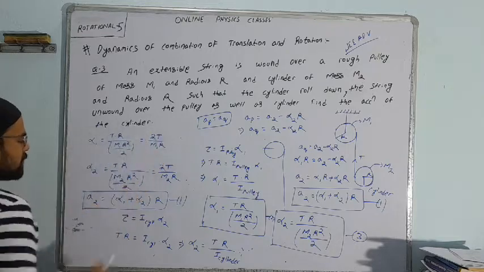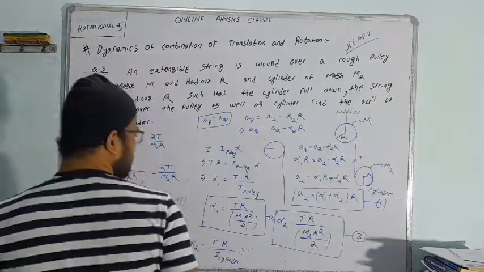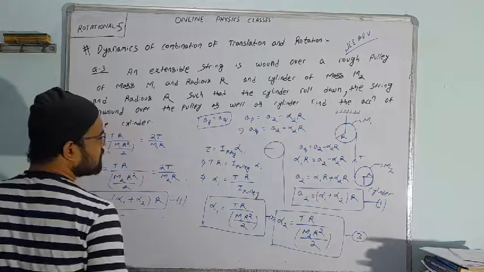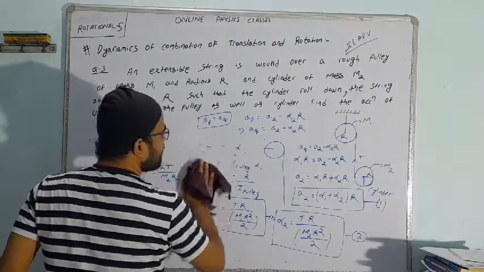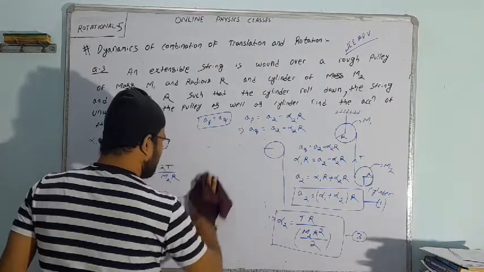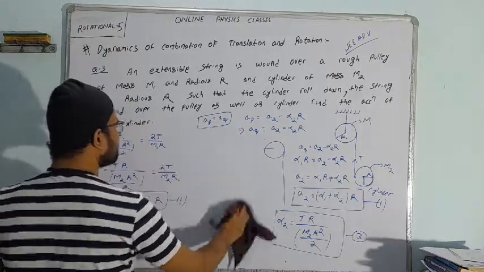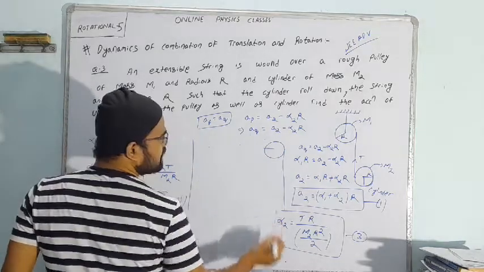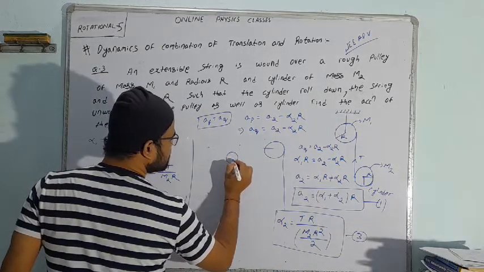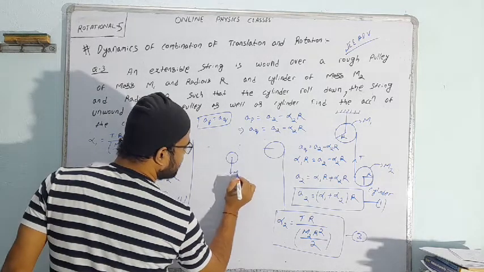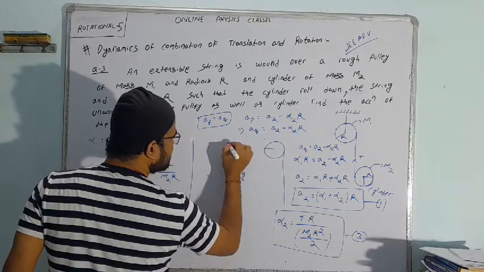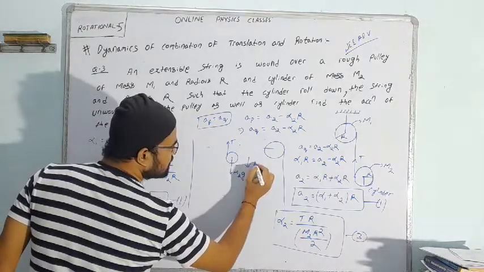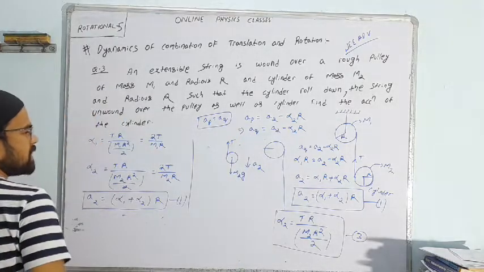Now how can you find the value of tension? If you find the value of tension, you can easily solve the question. For finding the tension, suppose for cylinder 2, one force is m2g and another force is tension T, with acceleration a2.